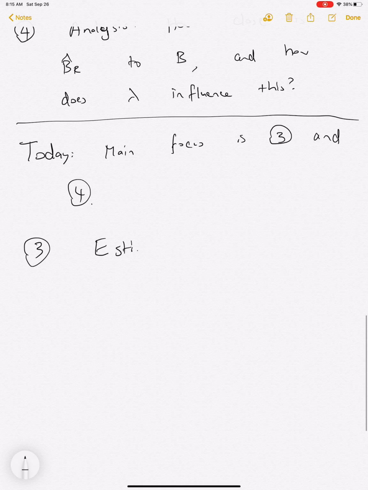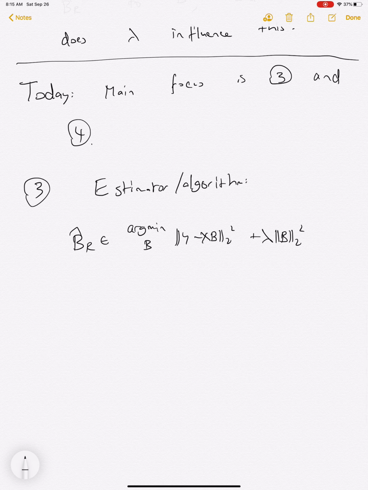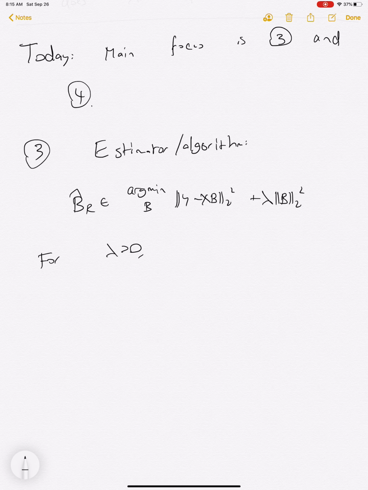So if we look at the third component, the first thing to notice is that for lambda bigger than 0, pretty cool things happen, which is that the beta hat R is unique and has a very simple closed form.